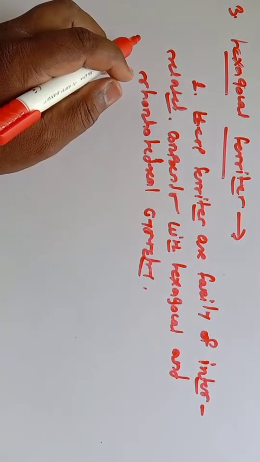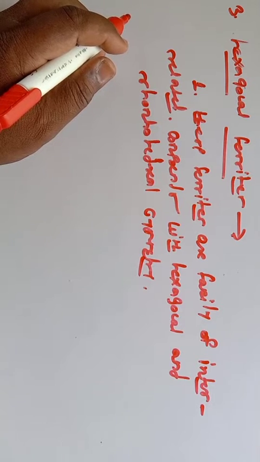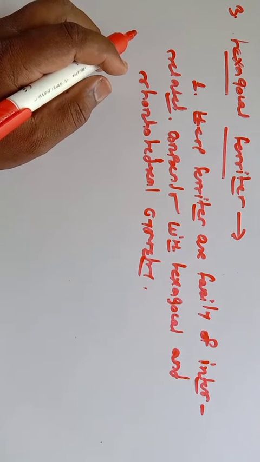So these ferrites are a family of interrelated compounds with hexagonal and rhombohedral symmetries.